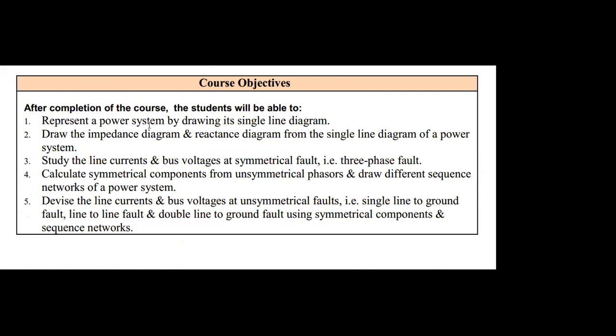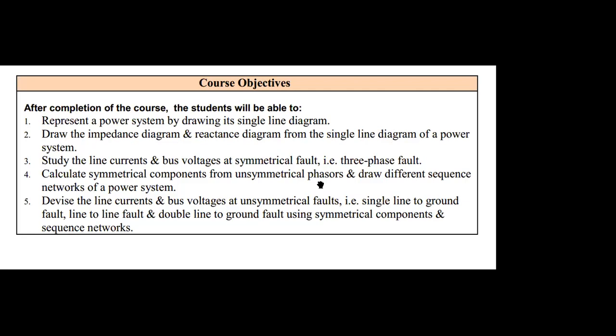So we have tried to satisfy those course objectives which we already mentioned. Representation of a power system by drawing its single line diagram or one line diagram, drawing the impedance diagram and reactance diagram from the single line diagram, and calculating short circuit current and bus voltage during fault or regular time. If it is a symmetrical fault, which is a three-phase fault, calculating symmetrical components from unsymmetrical phasors like ABC sequence, right?